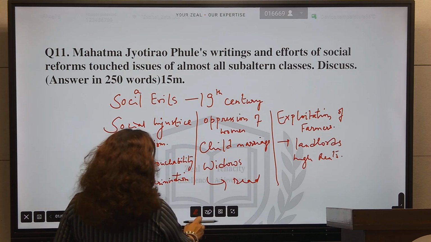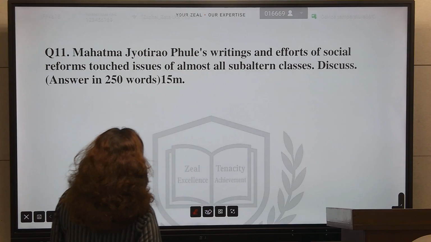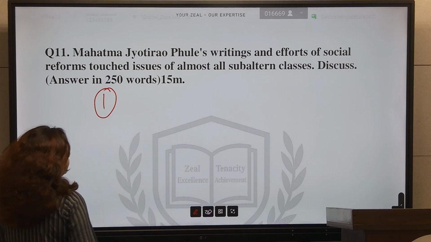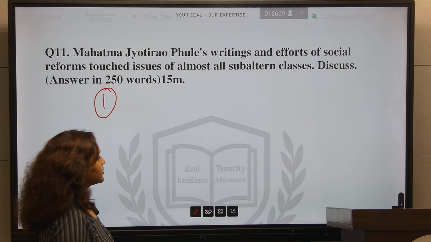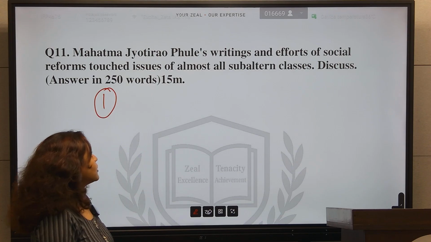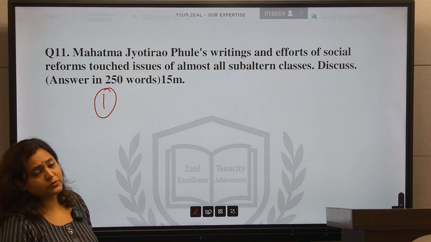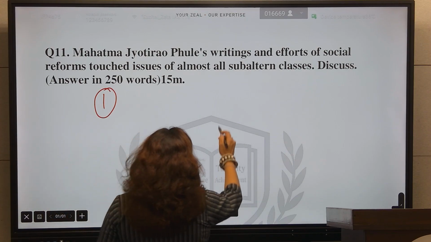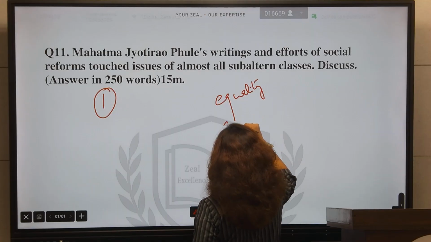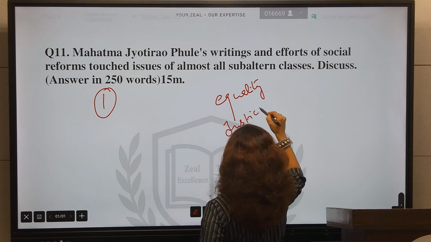Now, what were his efforts? First, you should also write that Mahatma Jyotirao Phule's ideology was rooted in equality, justice, and nationalism.